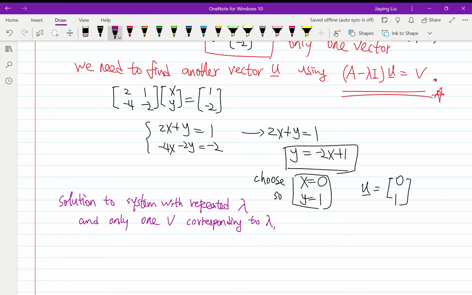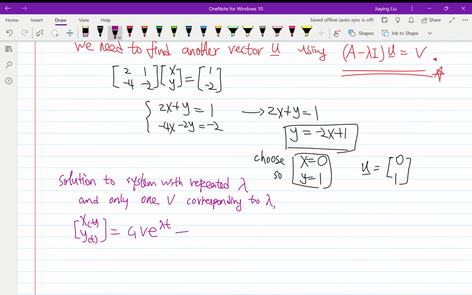In that case, the solution will be x of t, y of t is equal to c1 v e to the lambda t, kind of like c1 v1 e to the lambda 1 t, but we don't need the subscript 1, plus c2 times, instead of v2, it's going to be v times t plus u, and then e to the lambda t. So this is the part that makes it different. That's why we need the u vector in the middle.